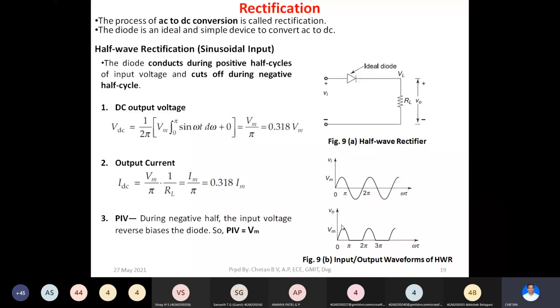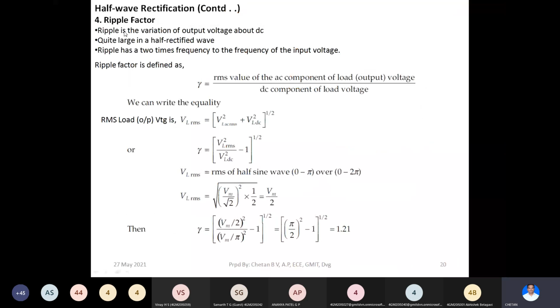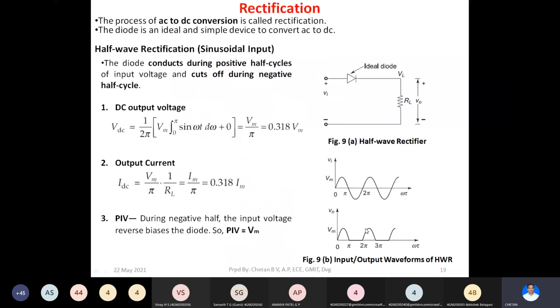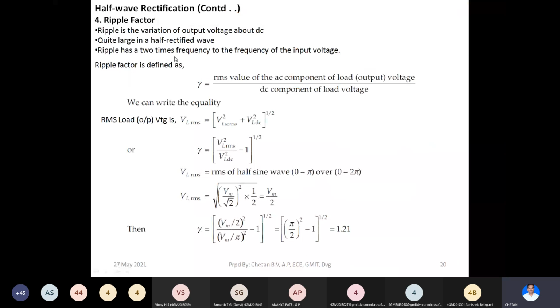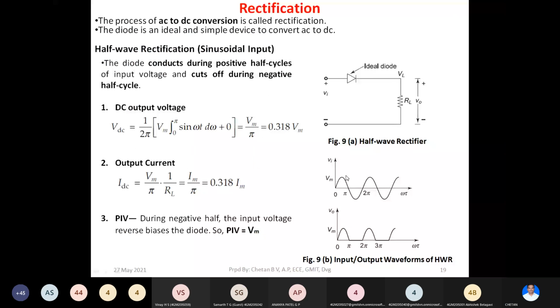Ripple is nothing but the amount of AC content in the output voltage. As you can see, the ripple is quite large, and it is found that the frequency of this ripple is 2 times the frequency of the input voltage itself. We shall find out what this ripple factor is, and it is denoted by gamma.